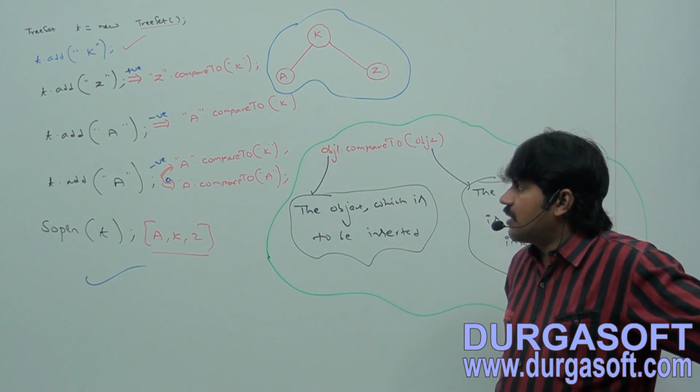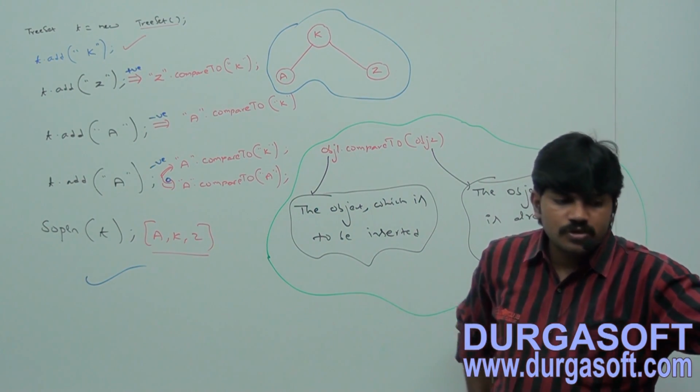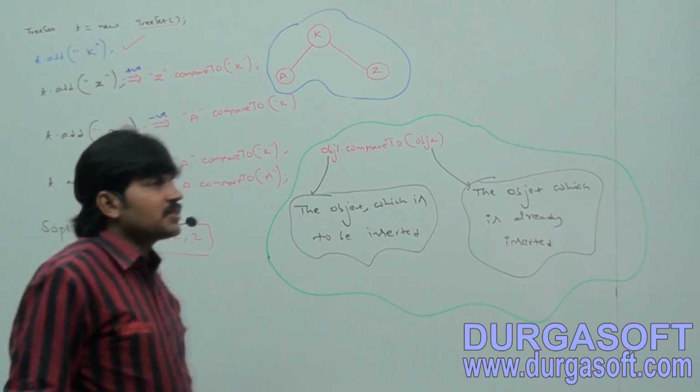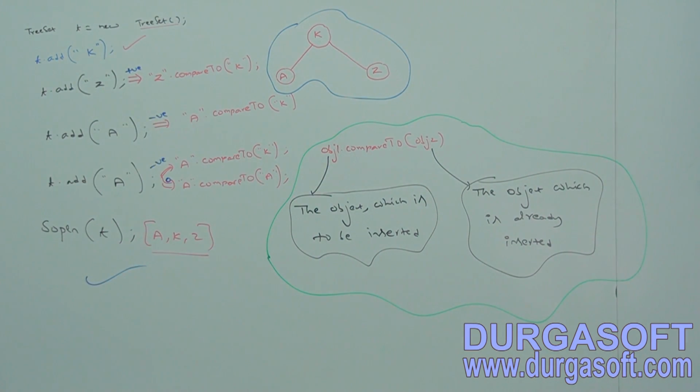Take clearly, even the compare logic, which method is called internally? So why compulsorily should the object be comparable? Because the reason is nothing but this one.